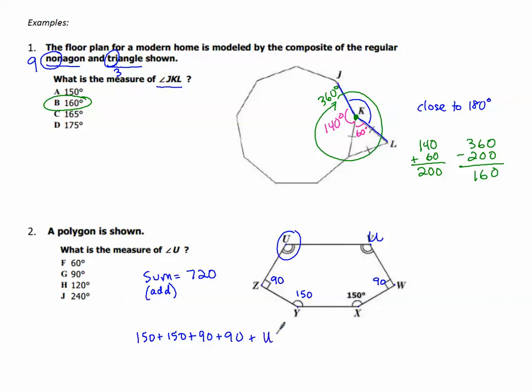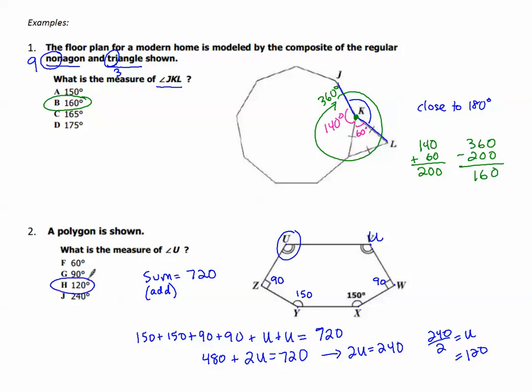It's angle U, so I have two of those because they're the same as each other. Has to add up to 720. So all that together makes 480 plus 2U. I can subtract 480. So 2U equals 240. Divide by 2. And that makes 120.